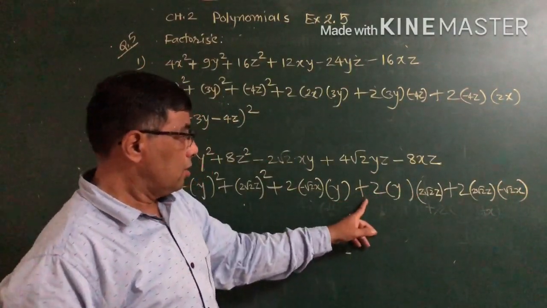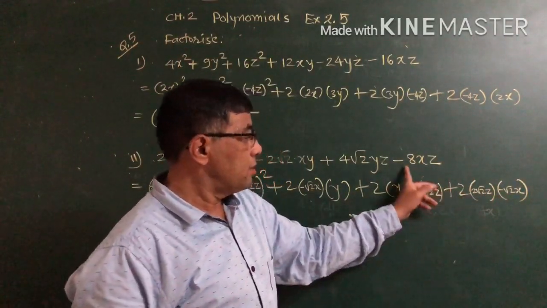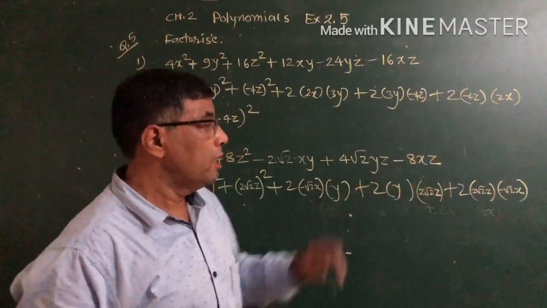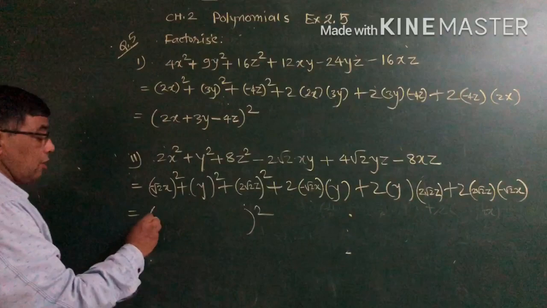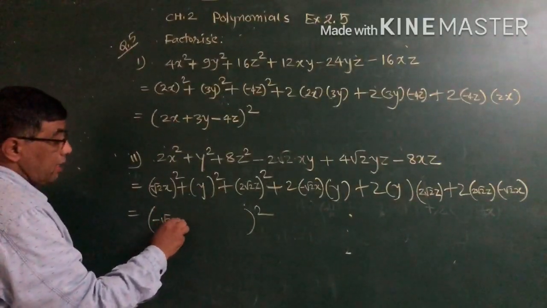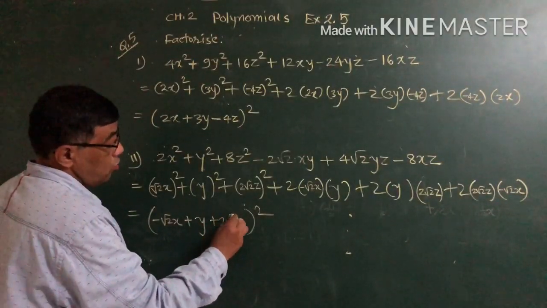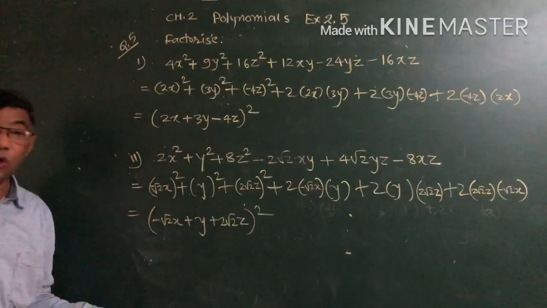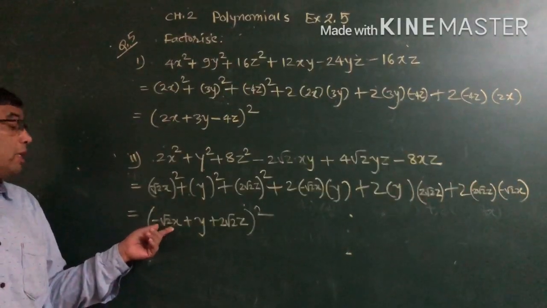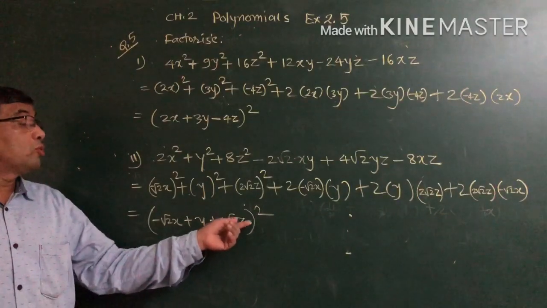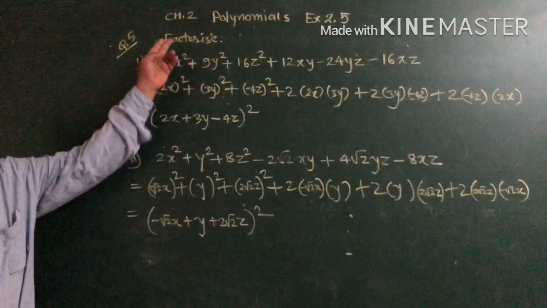This one is 4 root 2 yz. And this one is minus 8xz. So therefore the answer is what? A plus b plus c whole square. So a is minus root 2 x, b is y, and c is 2 root 2 z, whole square. So this way we get the answer: minus root 2 x plus y plus 2 root 2 z whole square. So using this identity, factorize.